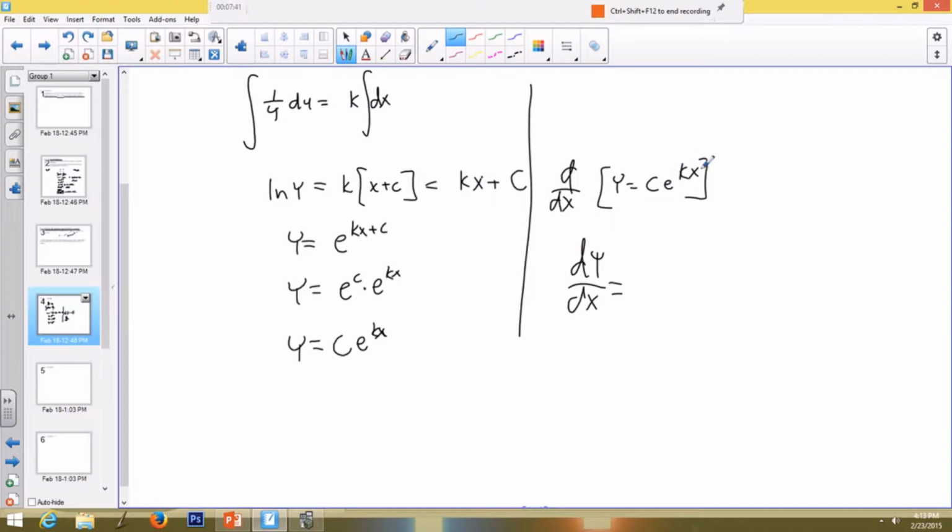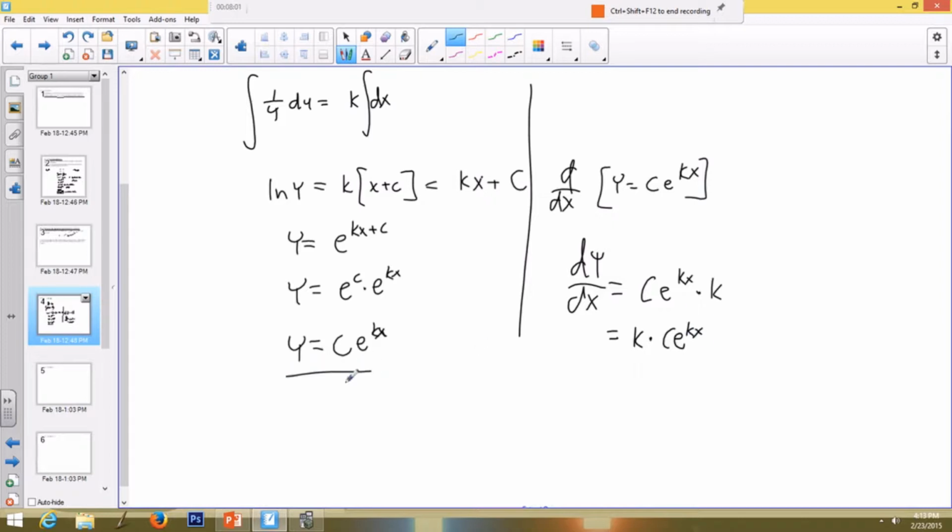The derivative of e to the u is just e to the u times du. So we get c e to the kx, and the derivative of just kx is just k. So if I reorganize, I get k times c e to the kx.